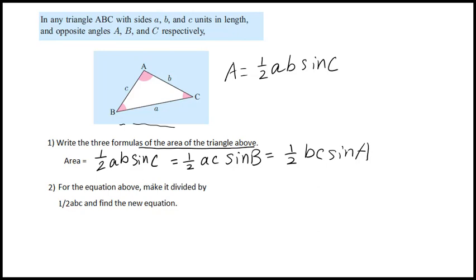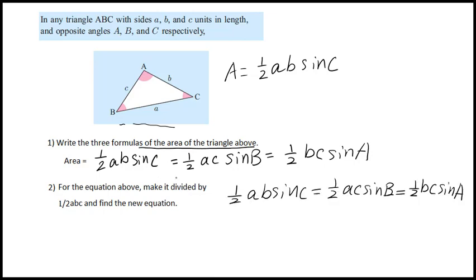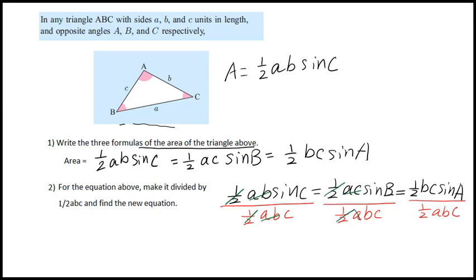For number 2, for the equation above, divide it by 1/2 abc and find the new equation. I divide by 1/2 abc. Then I reduce. Then I organize.